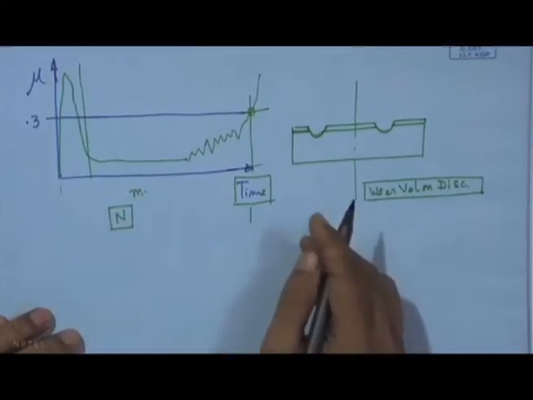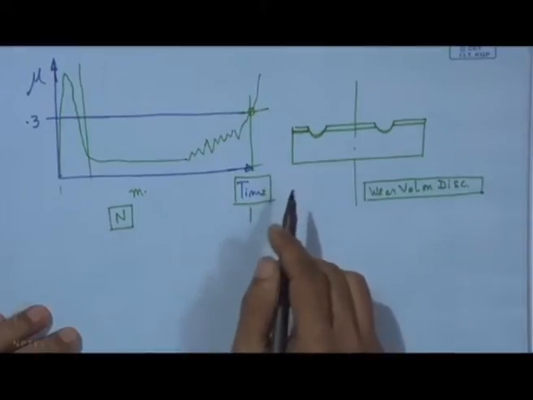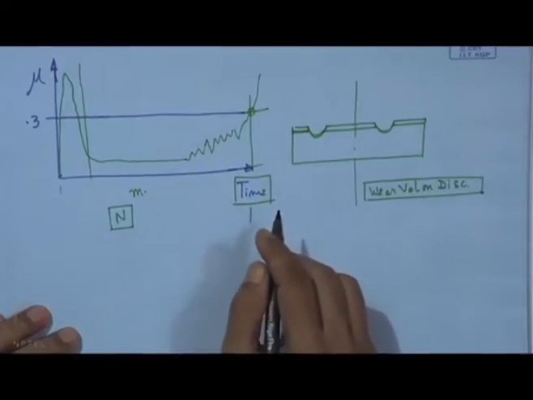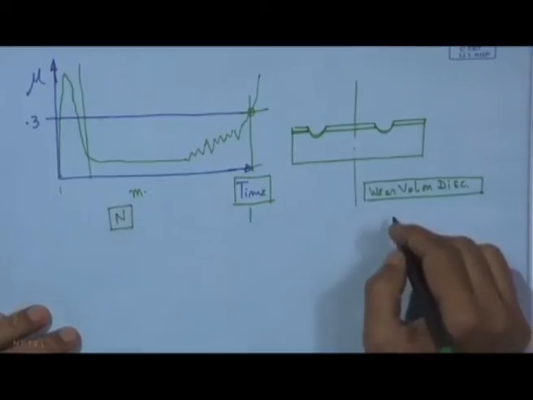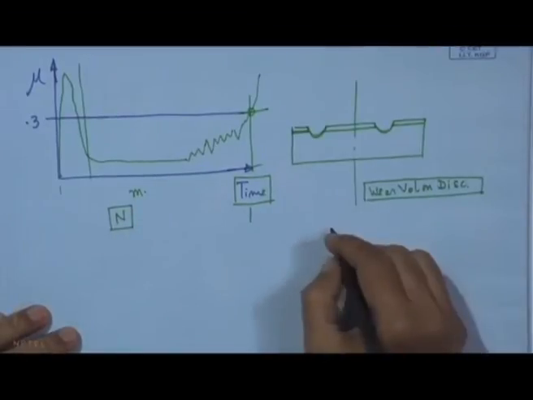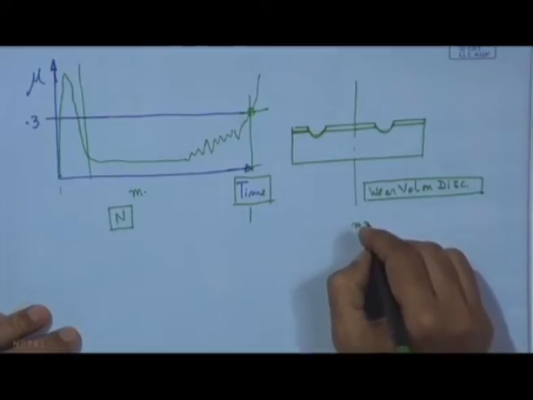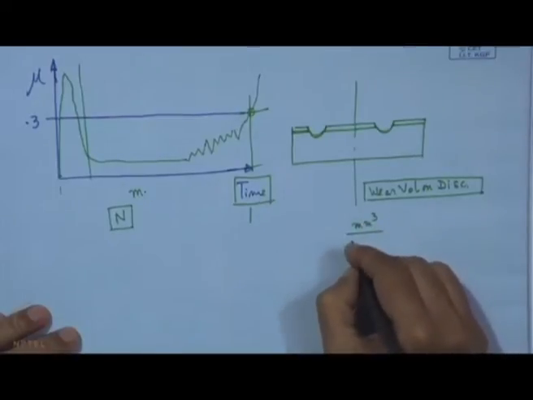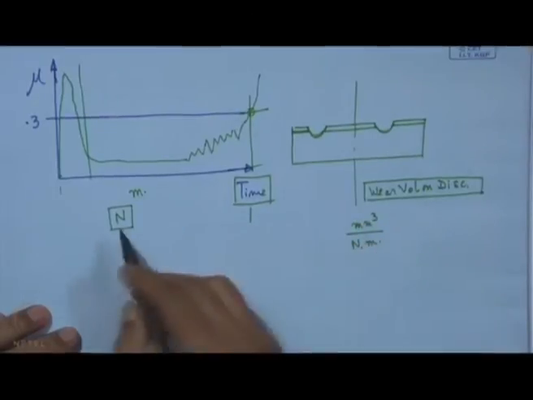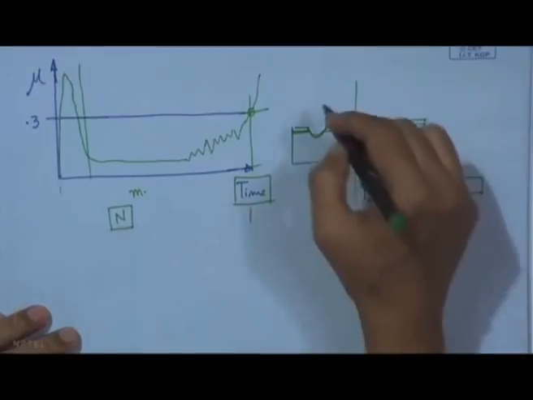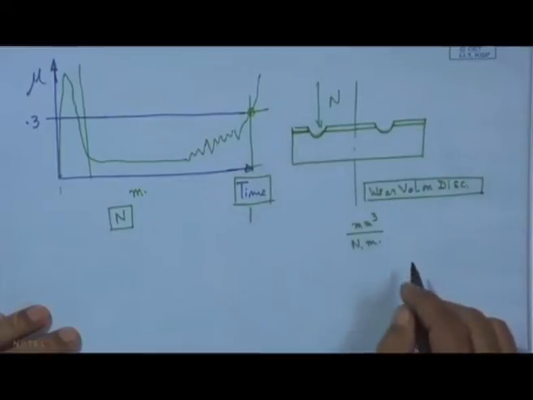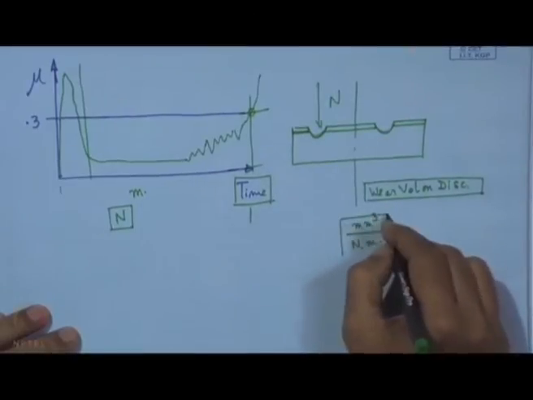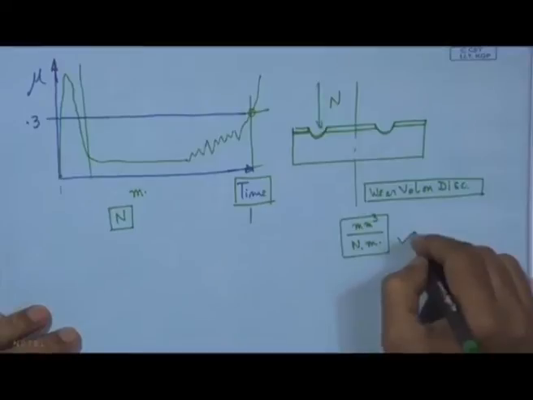This is the distance travelled by this pin. So, this is also one way. Now it is Newton meter. So, wear volume in millimeter cube divided by Newton meter, where Newton means the normal load and meter is how much distance it has travelled. That we know as the wear coefficient for the disc.